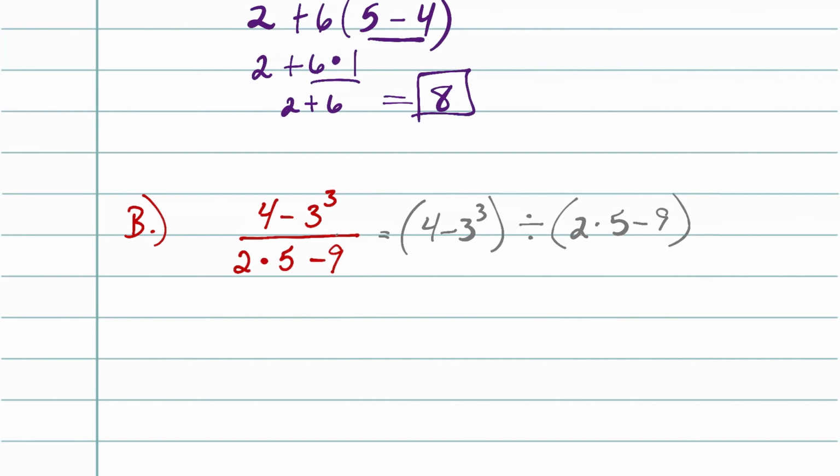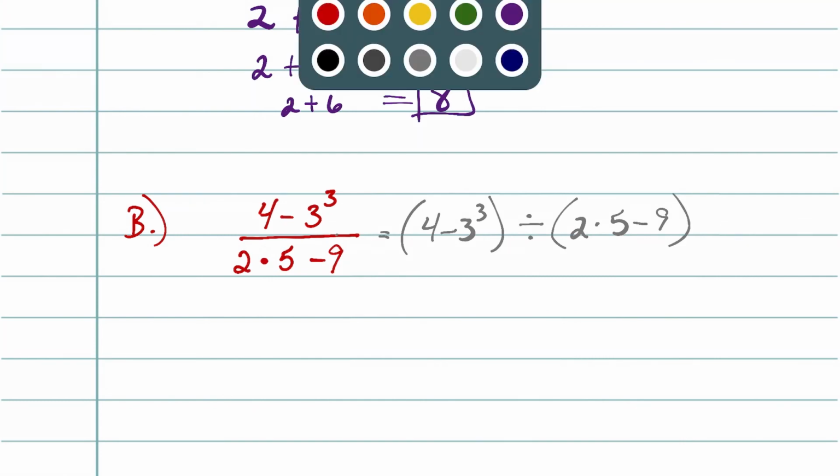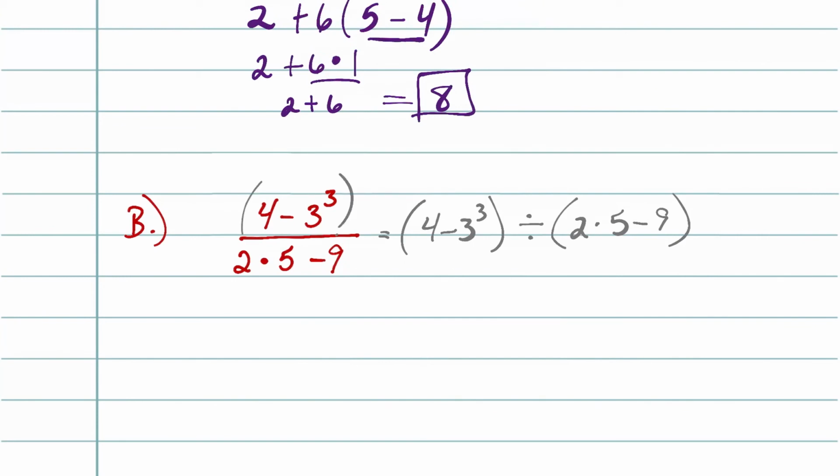You don't have to rewrite it that way every time, but it does help to understand that there really are parentheses here. So we're going to do what has been grouped together by that fraction bar.